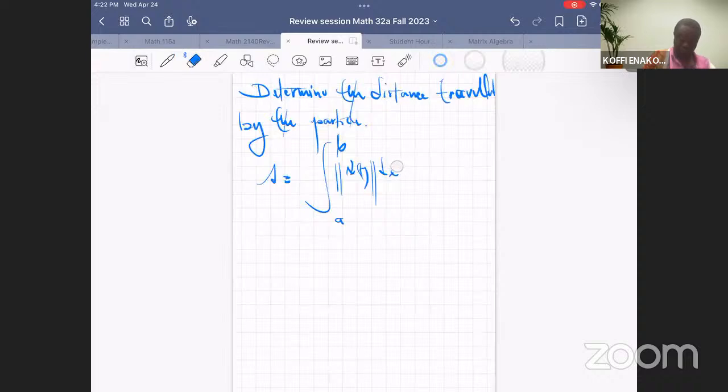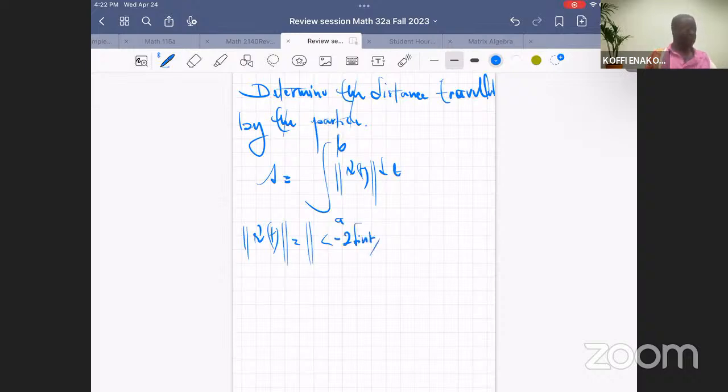When you take the norm of r prime of t, you're taking the norm of minus cosine of t, positive sine of t.